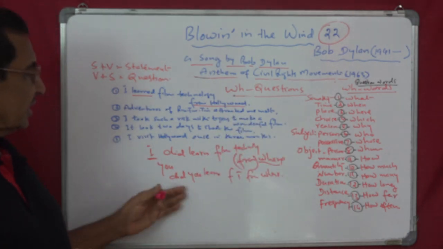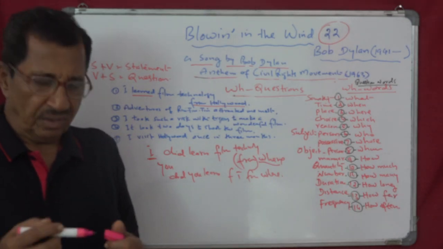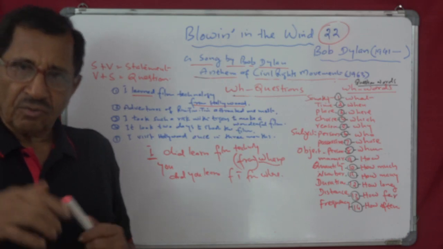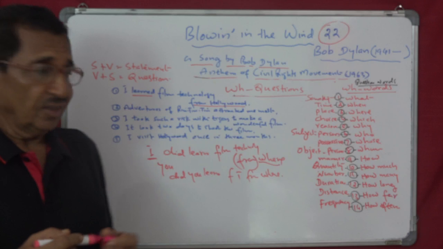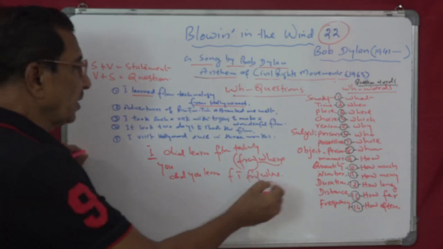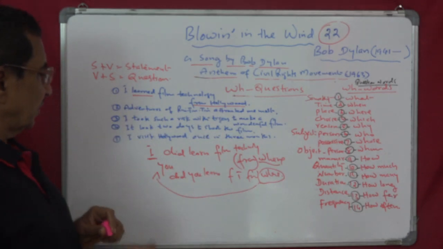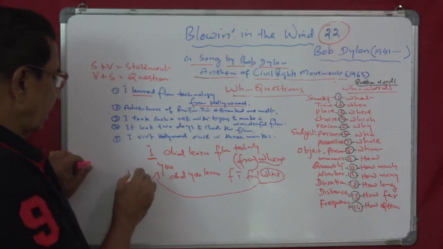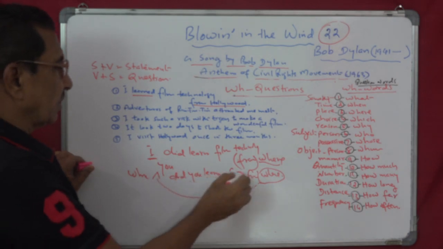This is actually a yes or no question. At the end you have added the suitable question word. Then in question word questions, the question word should come first. So you have to move the question word from here to the front of the sentence. See that? Then it will be, where did you learn film technology?